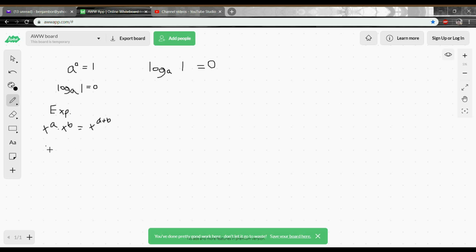And if we were to take x raised to a power a divided by x raised to a power b, we could combine those x's into 1 and have that raised to the difference of the two powers. And then if we were to have an x raised to a power a raised to a power b, we could just make that the product of the powers. That is x raised to a multiplied by b.